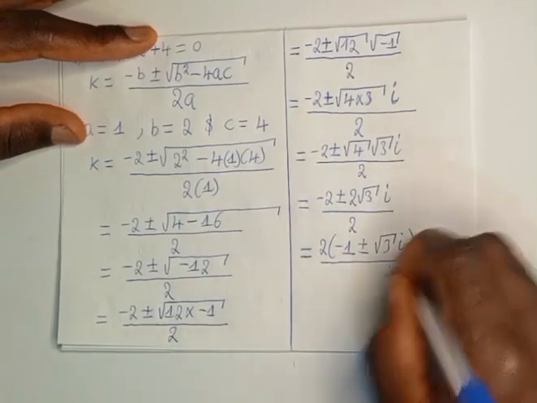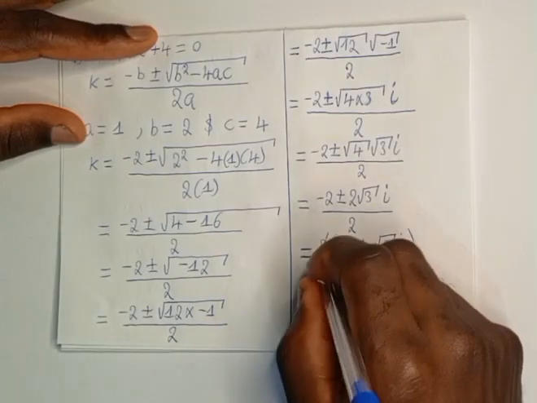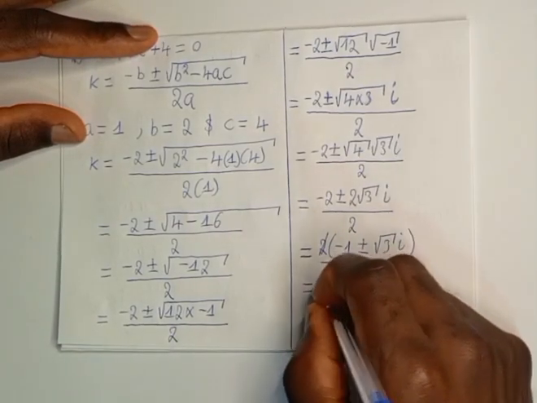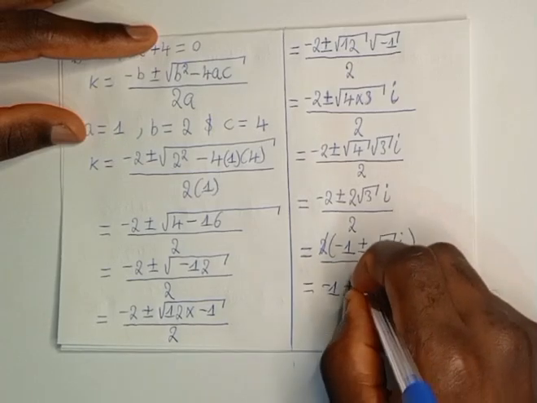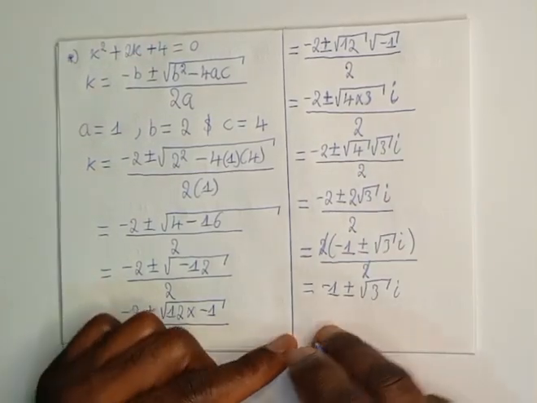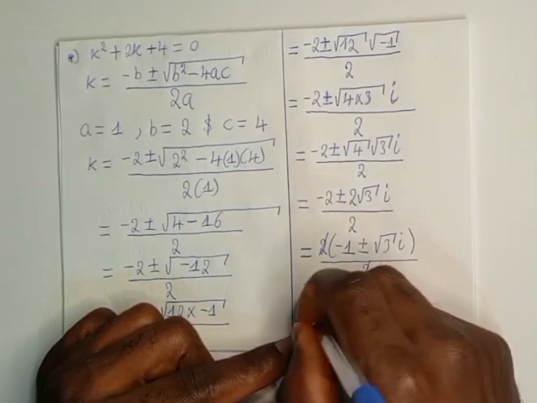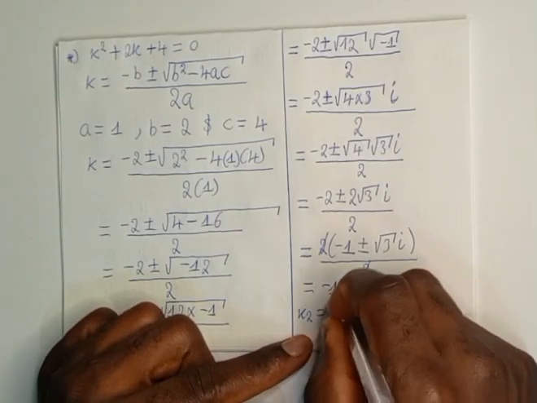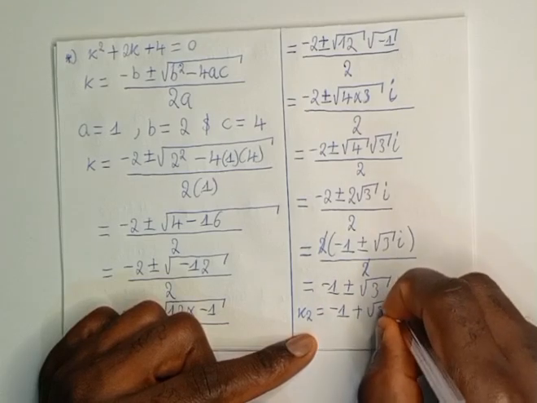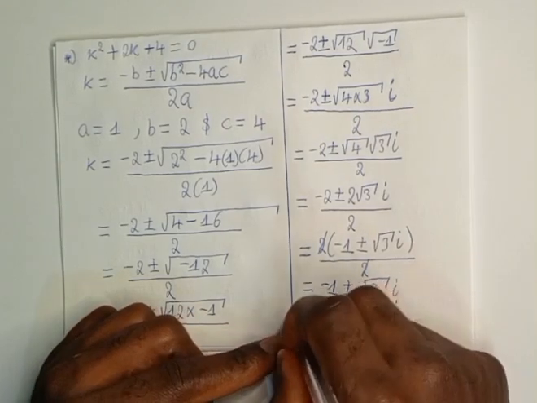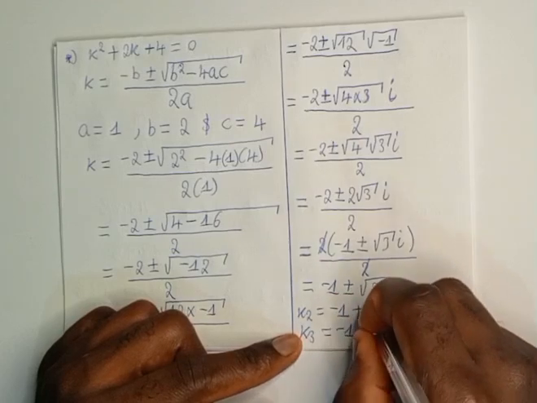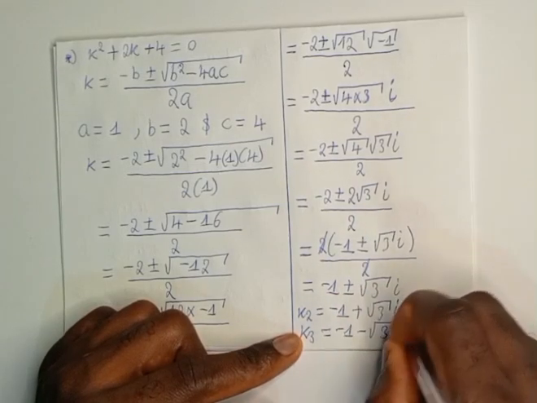Then we divide by 2. 2 will strike off 2. We will be left with negative 1 plus or minus root 3i. It therefore means our k2 will be equal to negative 1 plus root 3i, and our k3 will be equal to negative 1 minus root 3i.